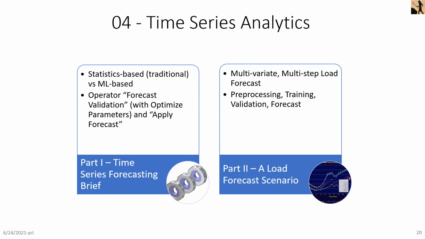We treat it as a multivariate, multi-step load forecast. And some of you would say, well, multi-step is understandable, as we are forecasting multi-labels, right? But the input data is only a one-dimensional time series data. How can we call it a multivariate, right?